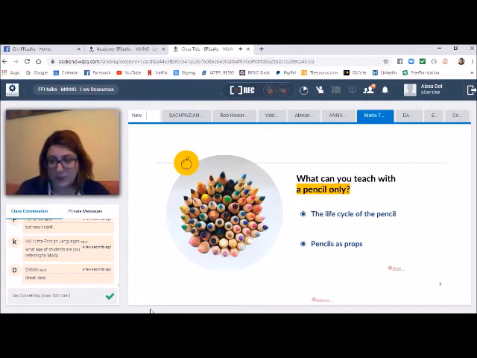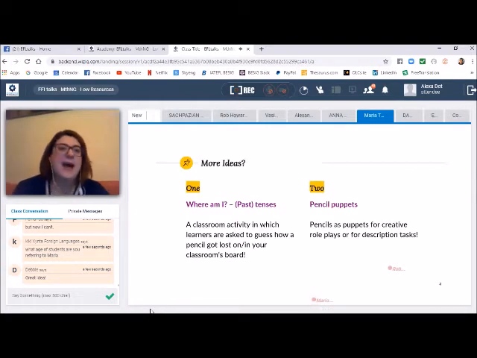Now, what else can we use pencils for? Possibly one of my favorite activities is called Where Am I? You tape once again a pencil on your whiteboard, and then you draw a question mark next to it and two dots above the pencil so that you can create this idea of the pencil being lost in the whiteboard.